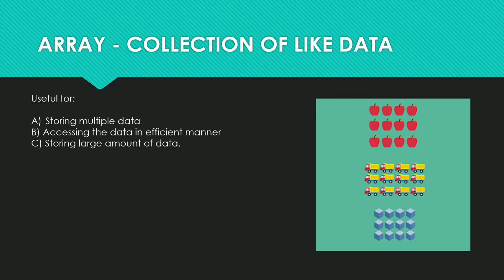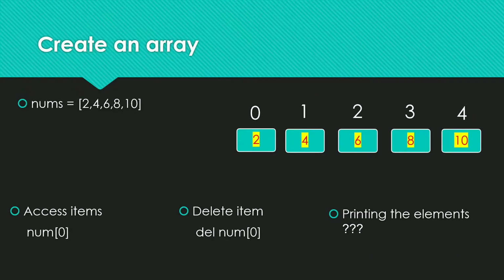It is also useful for storing multiple data, and the main efficient part of an array is that it accesses data in a really efficient and quick manner, and it is also helpful in storing large amounts of data. So now let's try to understand how we create an array and how we perform all these actions, inserting elements, deleting, updating, as I explained earlier.